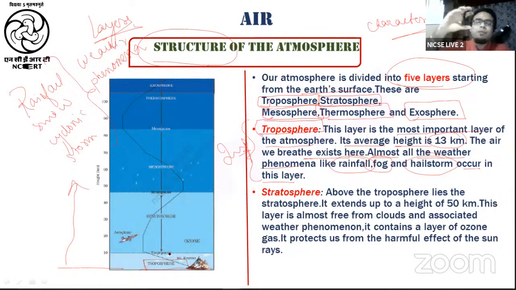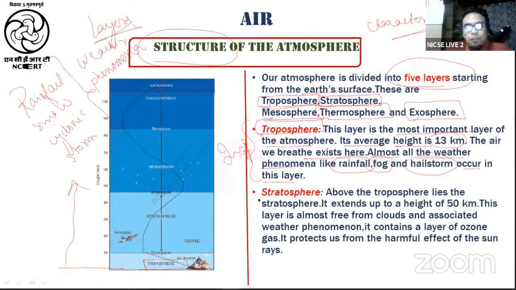Understood? As we move above the troposphere, what layer do we have? We have the stratosphere. These types of weather events cannot be found in the stratosphere, meaning they are confined only to the troposphere, and in no other layers will you find these weather phenomena. Understood? So this is about the troposphere.